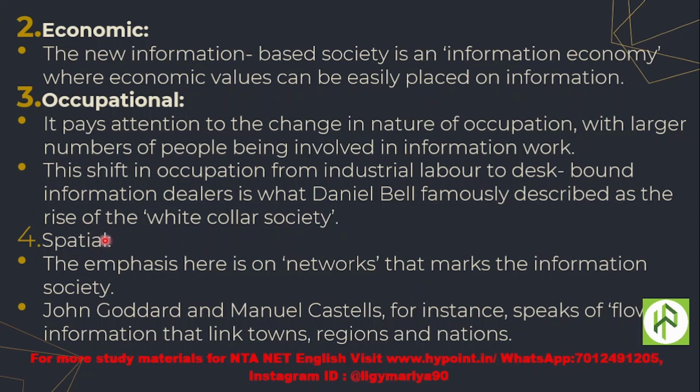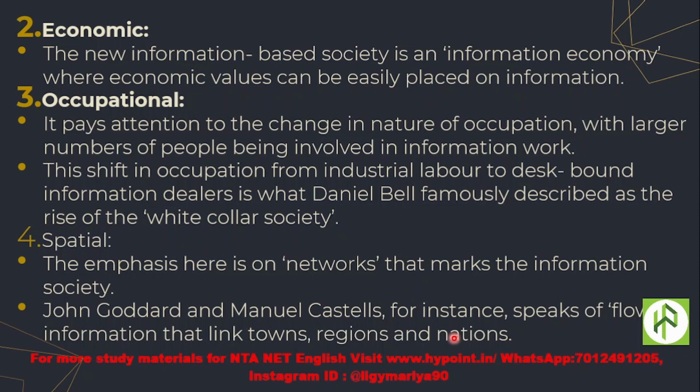The fourth way of defining the information society is spatial, related to the space that we have. The emphasis here is on the networks that mark the information society, the networks that people possess in order to have this information. John Goddard and Manuel Castells, for instance, speak of flows of information that link towns, regions and nations. Take the example of Instagram: if you post something, you can see the location of your viewers.